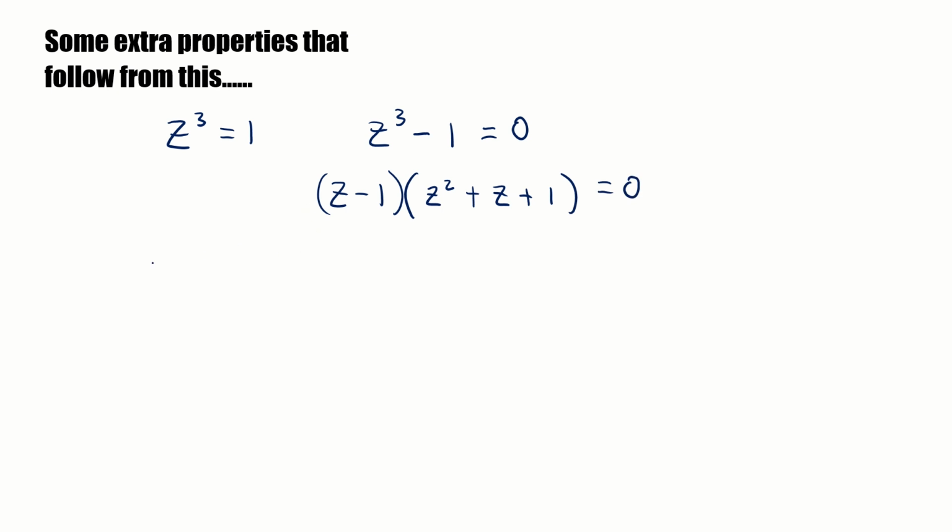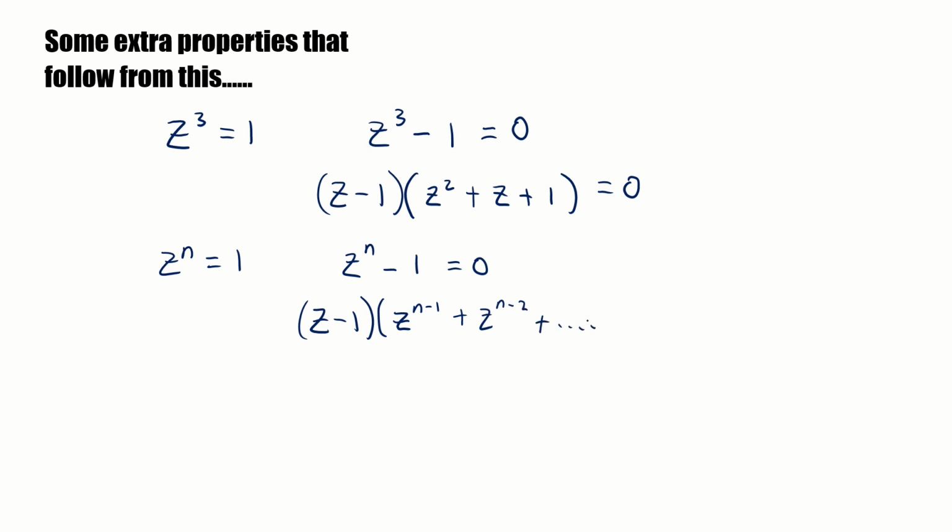But it doesn't just stop there. If you have z to the n equals 1, and again you know z to the n minus 1 equals 0 is an equivalent way of writing that equation, we know again that z minus 1 must be a factor, because z equals 1 must be a solution. So again, you can factorize it. And interestingly, if you do algebraic division with z to the n minus 1 divided by z minus 1, you're guaranteed to get a factor that looks something like this.